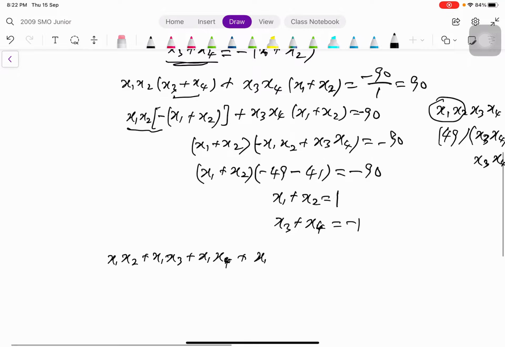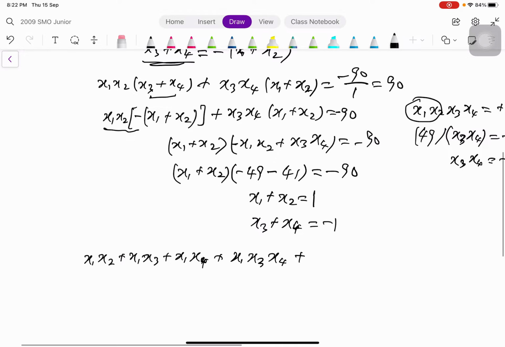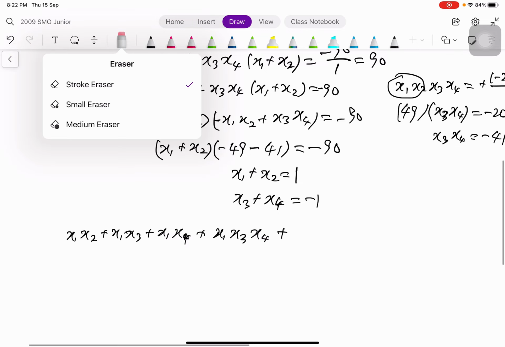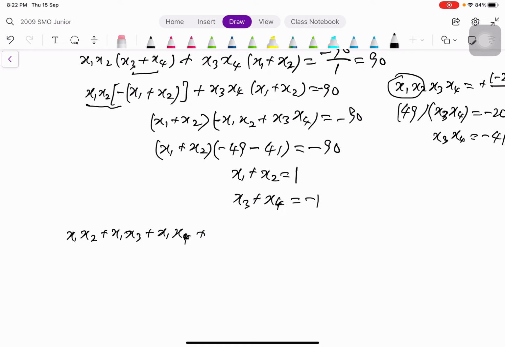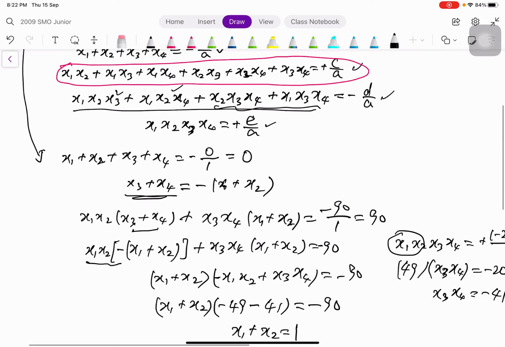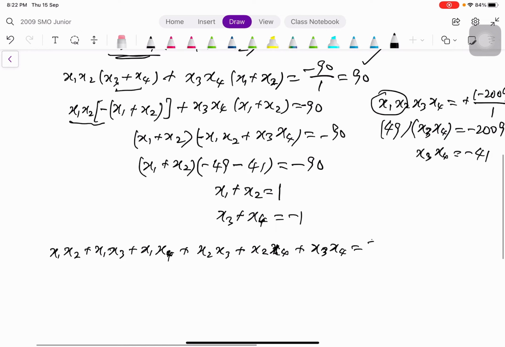This will be equal to k divided by 1, therefore this is k.